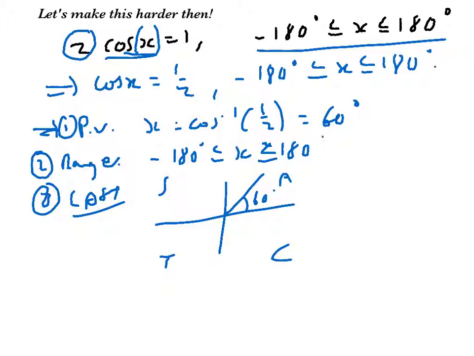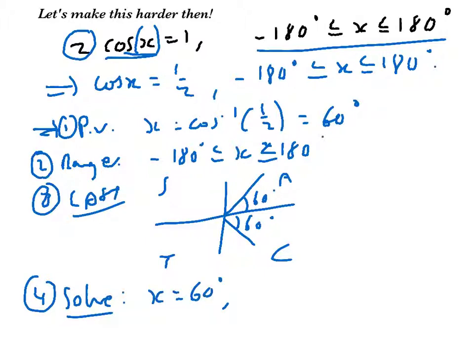Cos is positive here because cos equals a half, so it's got to go here. Number 4, solve. Therefore, I have x equals 60 degrees, and if theta goes all the way around, that would be 300 degrees. But 300 degrees is too big for our range, so I disregard. Okay, disregard for now, but still we need to use it in terms of our period.